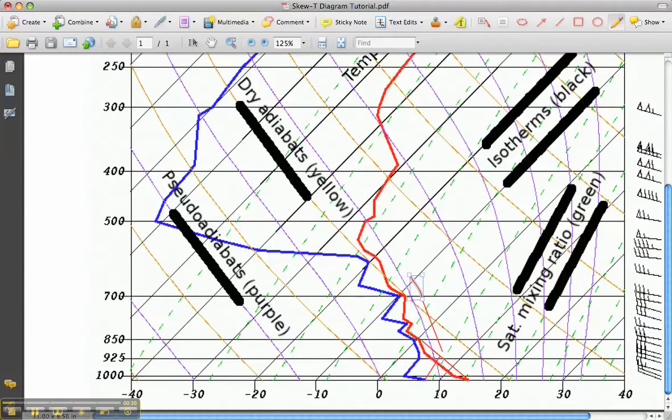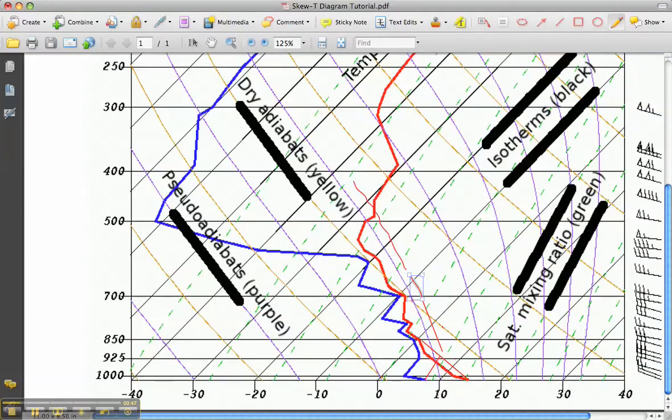We're going to move it parallel to the moist adiabat, trying my best to keep it parallel. It's kind of difficult doing this on a mouse pad, but you get the idea. I'm going to continue to move it up.